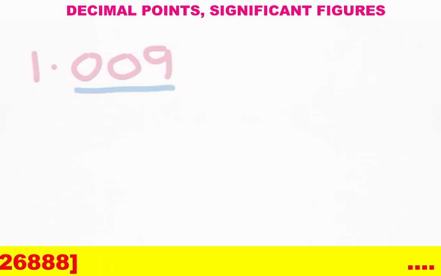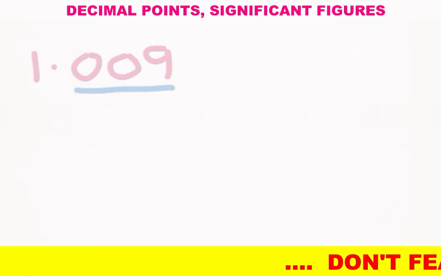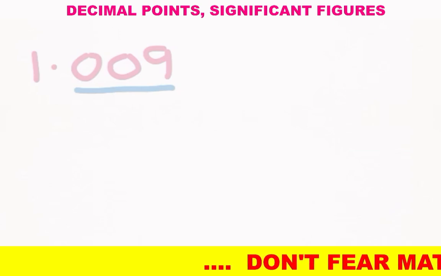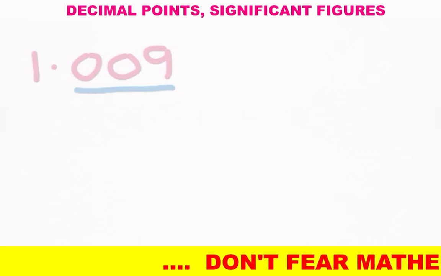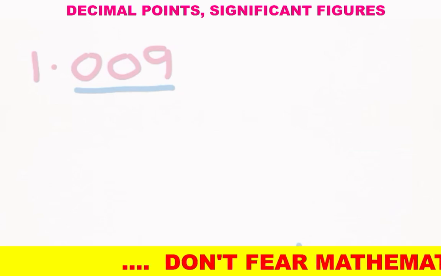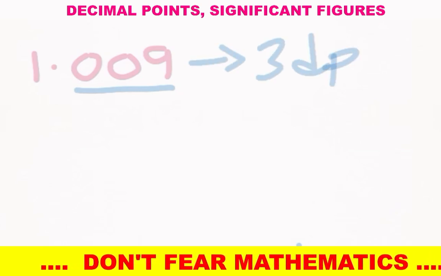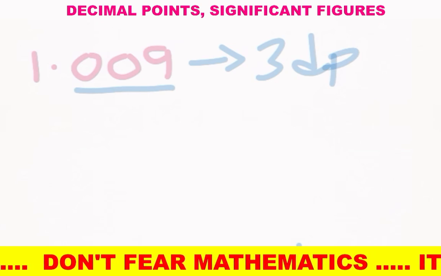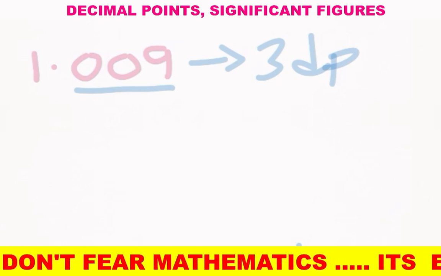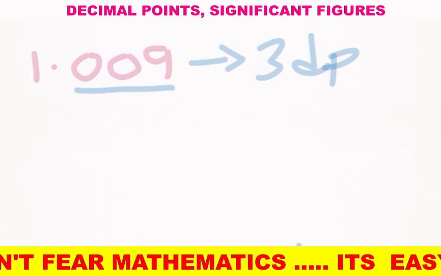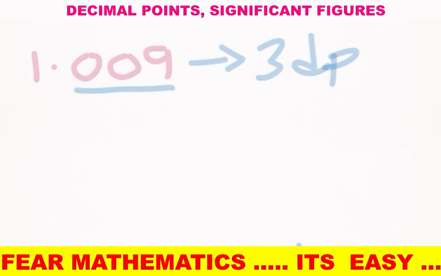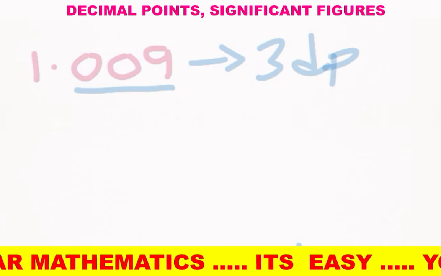So for this question, we have 3 numbers after the point, and we are to convert to 3 decimal places, meaning it's a must to get 3 numbers after the decimal point. Since this one already has 3 numbers after the point, it is already in 3dp. Please, I hope you are getting it. It's already in 3dp, so please don't trouble yourself to do any further solving. It already has 3 numbers.